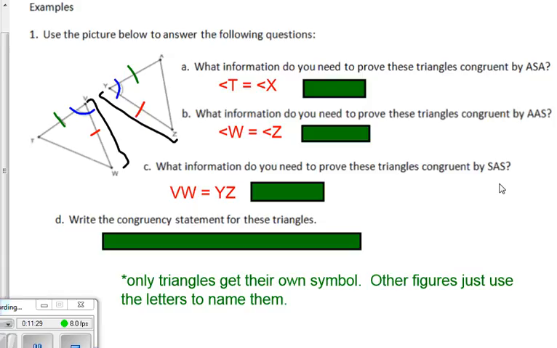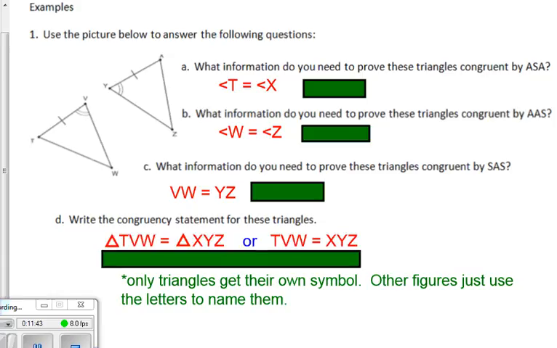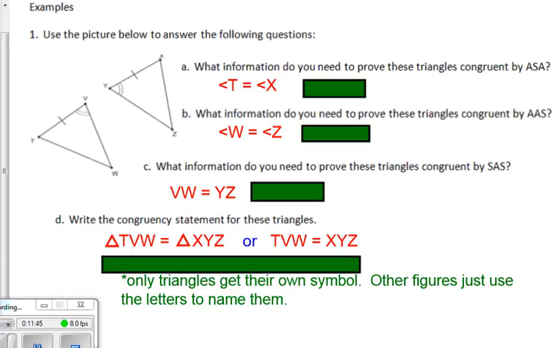And our last piece for this one: write the congruency statement for these triangles. If we want to say that this triangle is congruent to this triangle, we just need to make sure we match everything up into its matching parts.